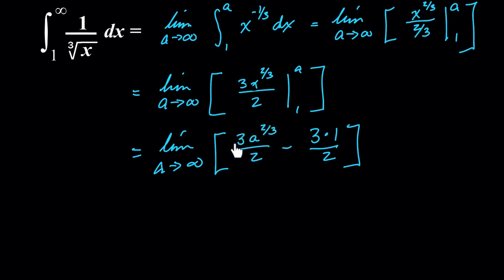This part does not approach a single numerical value. Now, if the a was in the denominator, then it would approach 0. But because a is getting larger and it's in the numerator, this will diverge. And because one part of this problem diverges, the entire problem diverges.